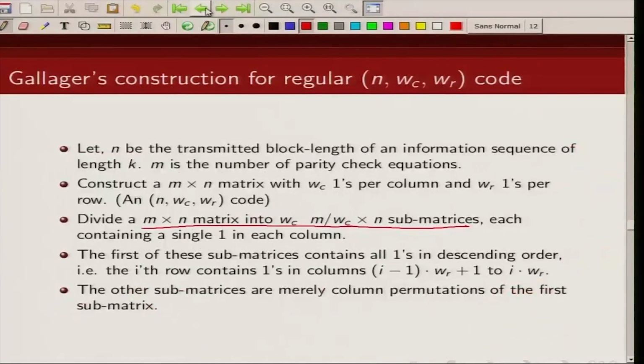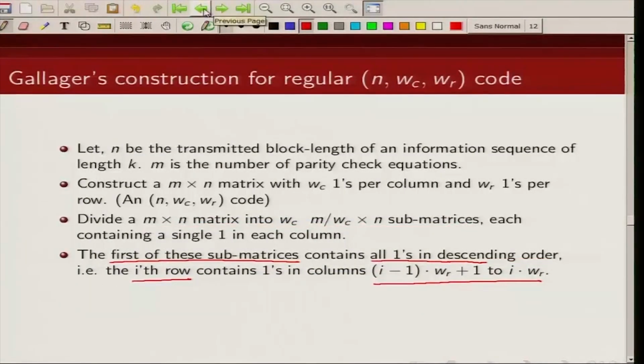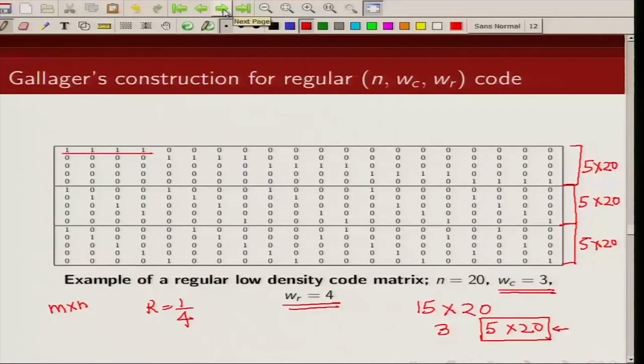That is what I have written here: the first of these sub matrices contains ones in descending order, such that the ith row contains ones from location (i minus 1) times WR plus 1 to i times WR. Once you have constructed this 5 cross 20 sub matrix, the rest are all zeros.